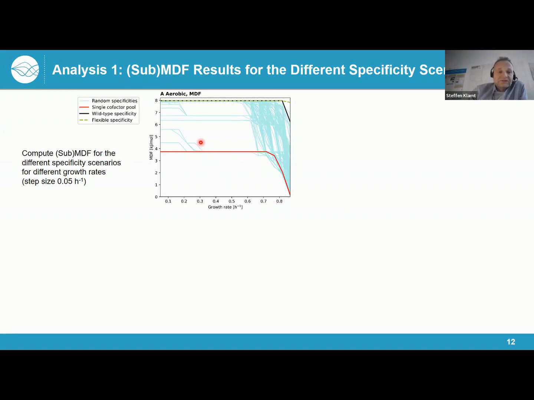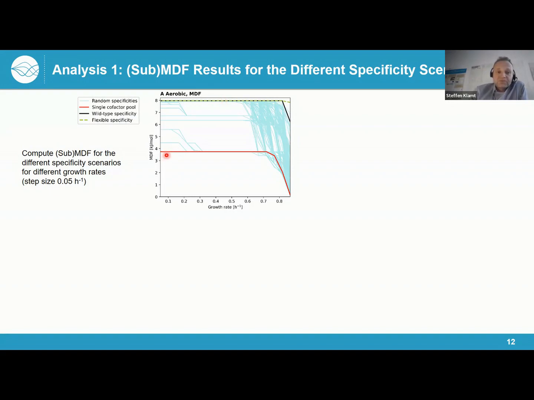And here you can now see the results. So let's first look at the flexible specificity, which is shown in green, which, as expected, gives us the highest theoretical value for the MDF that we can get, because it can really switch between the different specificities. And what you can see now is that the Y-type specificity shown in black is either close to it here for the maximum growth rate, or even identical to this maximum value that can be achieved by the flexible specificity.